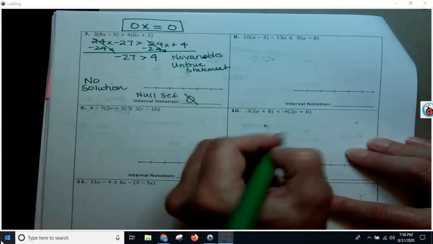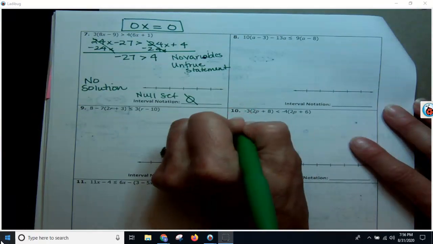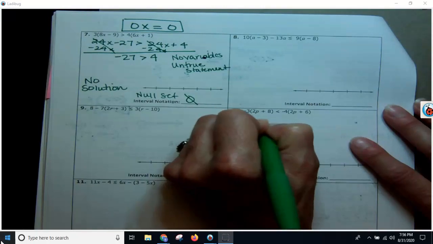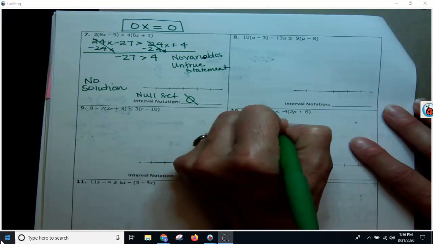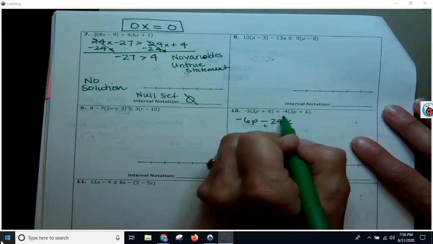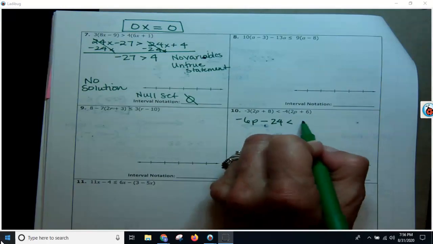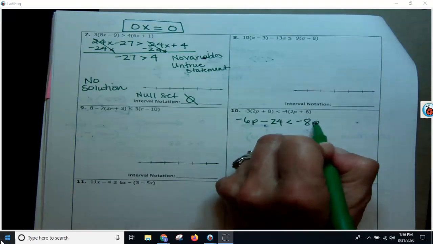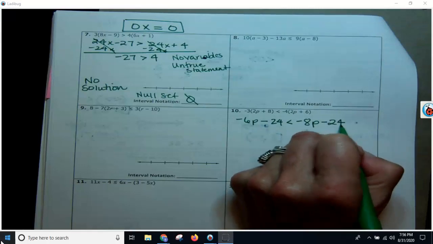number 10. We're going to distribute. Negative 3 times 2p is going to give me negative 6p. Minus negative 3 times 8 is negative 24. Negative 4 times 2p is negative 8p. And negative 4 times positive 6 is negative 24.